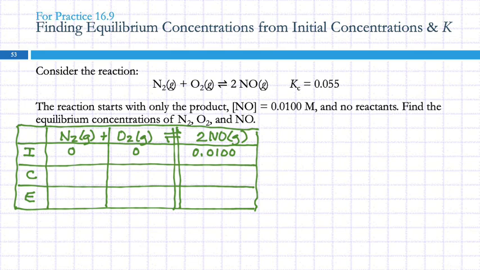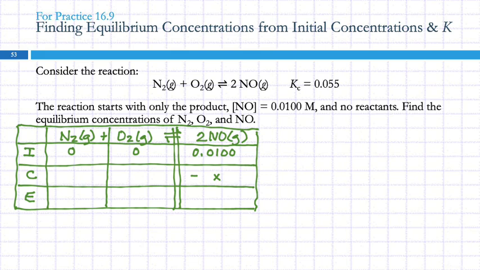Now we're going to fill in the change line, and we're going to do this in terms of x. So if we look at this, this reaction only has product, so it can only go to the left. So this is going to have to go down, right? How much is it going to go down?